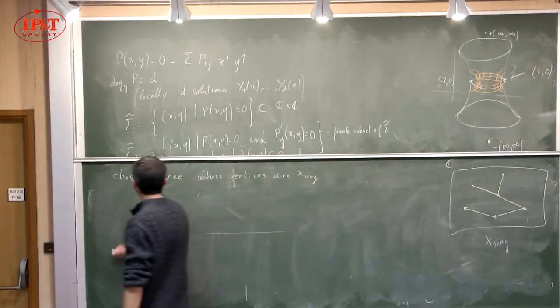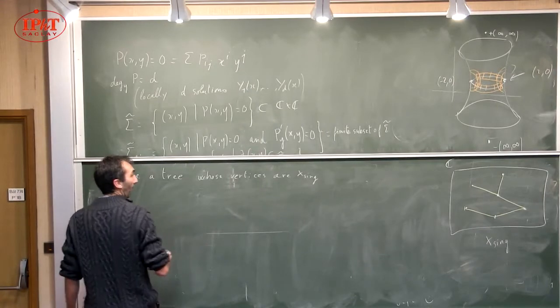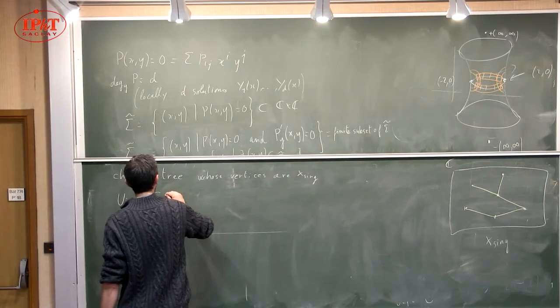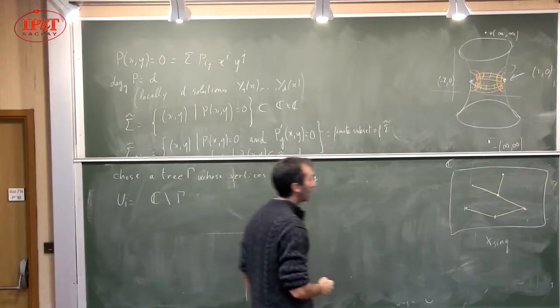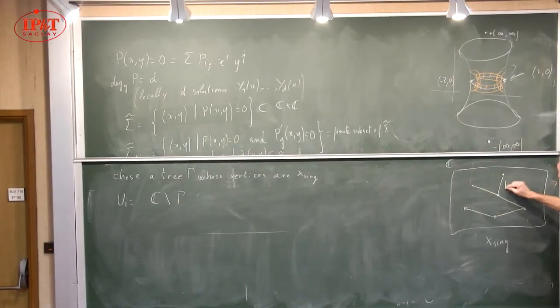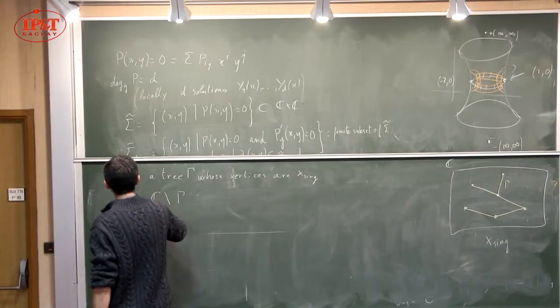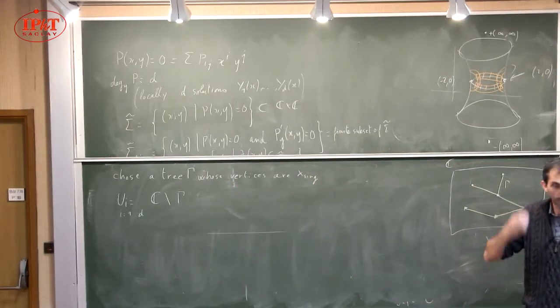So now we shall make charts. U_i will be C minus gamma. Choose a tree, let's call it gamma. So that's my graph. Gamma is a graph. Okay, and take U_i with i equals 1 to d. Those are copies.